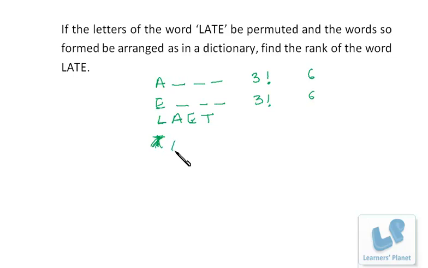After that, the next word is L, A, T and E, right? So this is 6 and 6, 12, this is 13 and this is 14th, right? So if you arrange all the words formed by the word LATE in dictionary order, LATE itself will come at the 14th place, right? I hope you are clear.